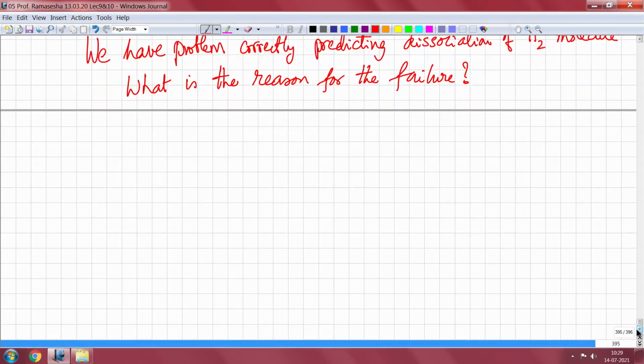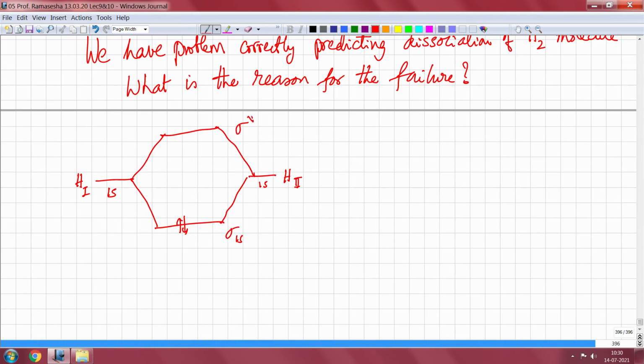The reason for the failure is, let us look at the molecular orbital picture. So, here I have the 1s orbital for one hydrogen atom, let me call it H1, and the 1s orbital of the second hydrogen atom. They come together, overlap and form a sigma 1s with 2 electrons in that one, and a sigma star 1s with no electrons.